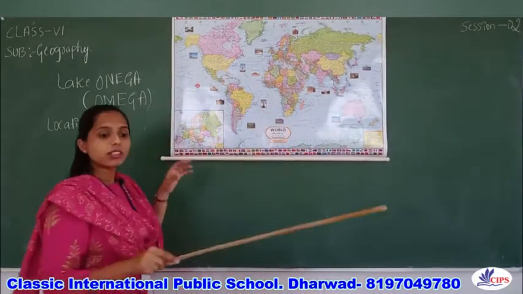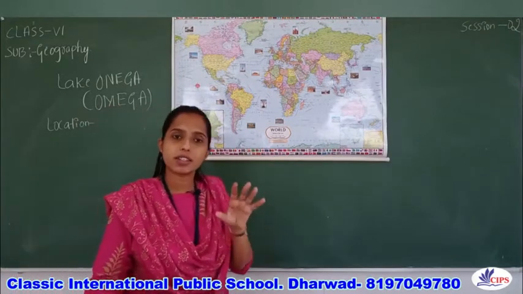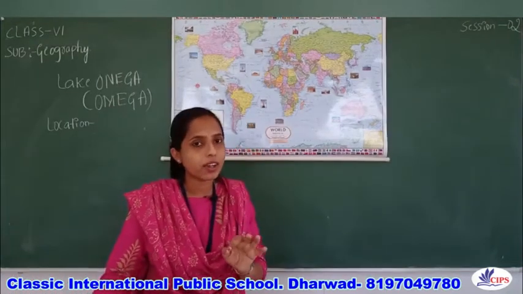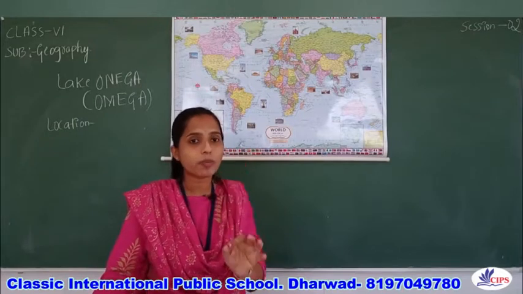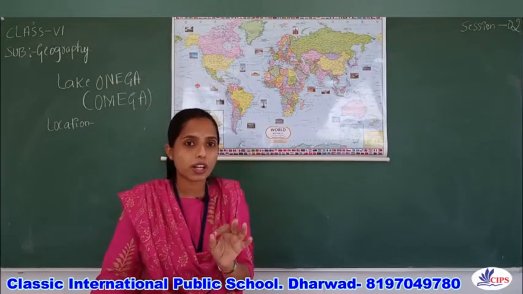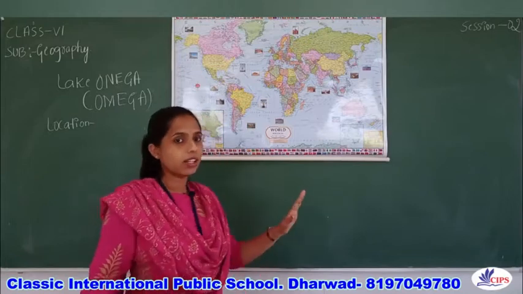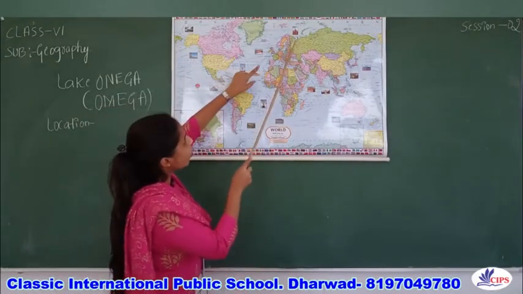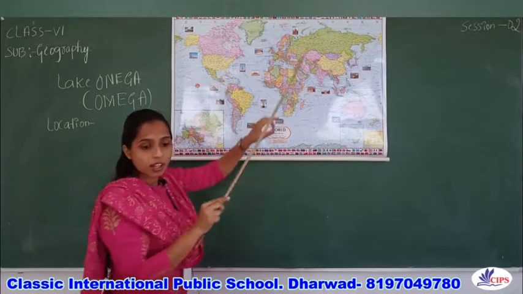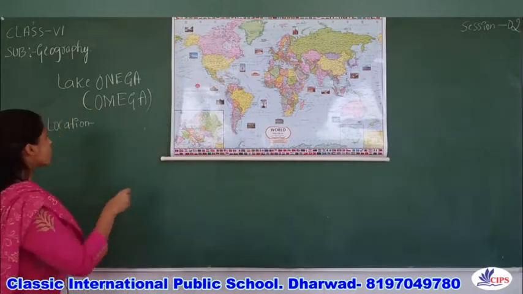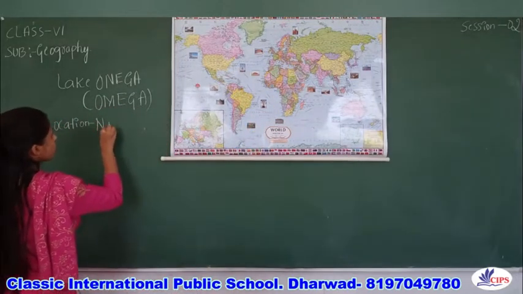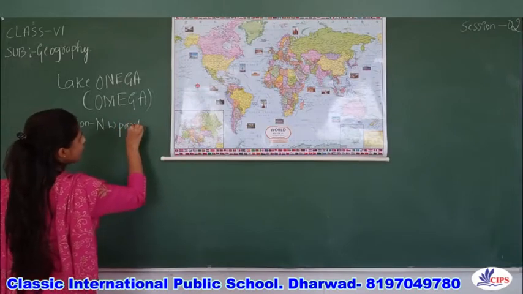That means this Lake Onega is in the country of Russia again. This is the second lake we are coming across in the country of Russia. The first lake was Lake Baikal. So this Lake Onega is in the northwestern part of Russia.